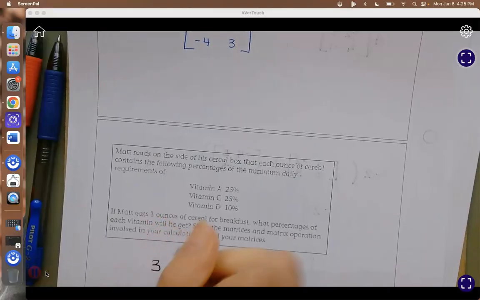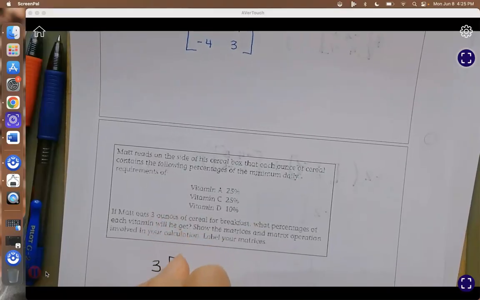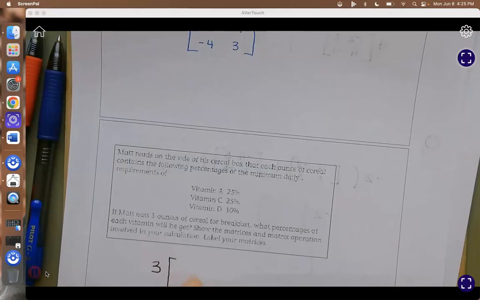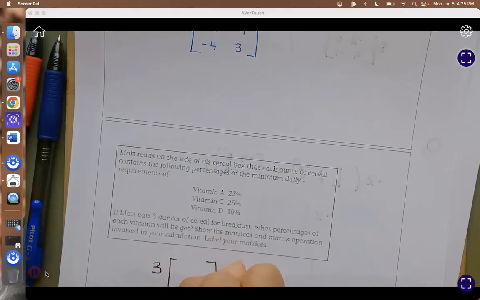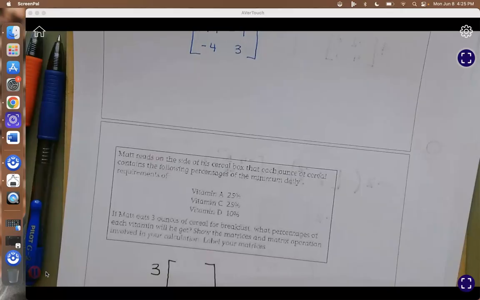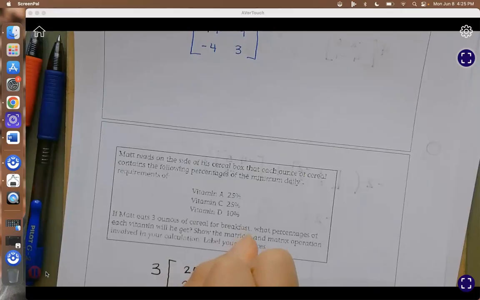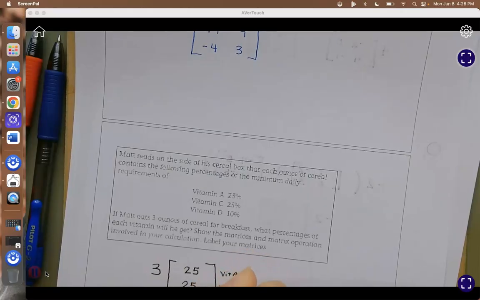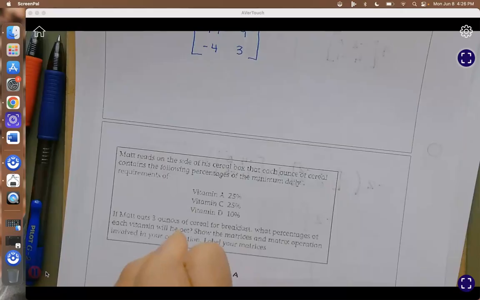Okay, so he's eating 3 ounces of cereal. So this one is vitamin A, vitamin C, vitamin D. This is 3 ounces of cereal.